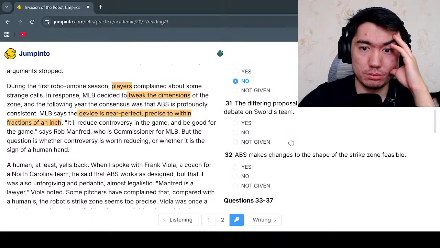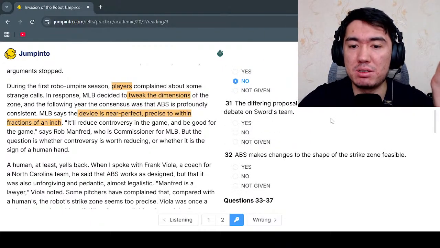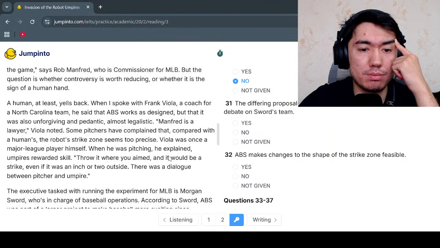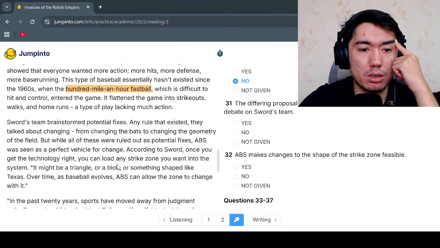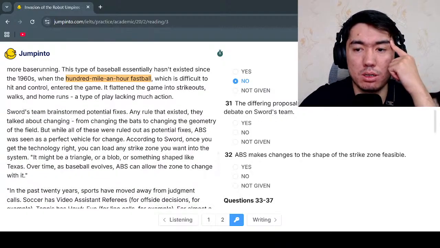The differing proposals for alterations to the baseball bat led to fierce debate on Sword's team. With their running, brainstorm potential fixes, any rule that existed. Fierce debate.